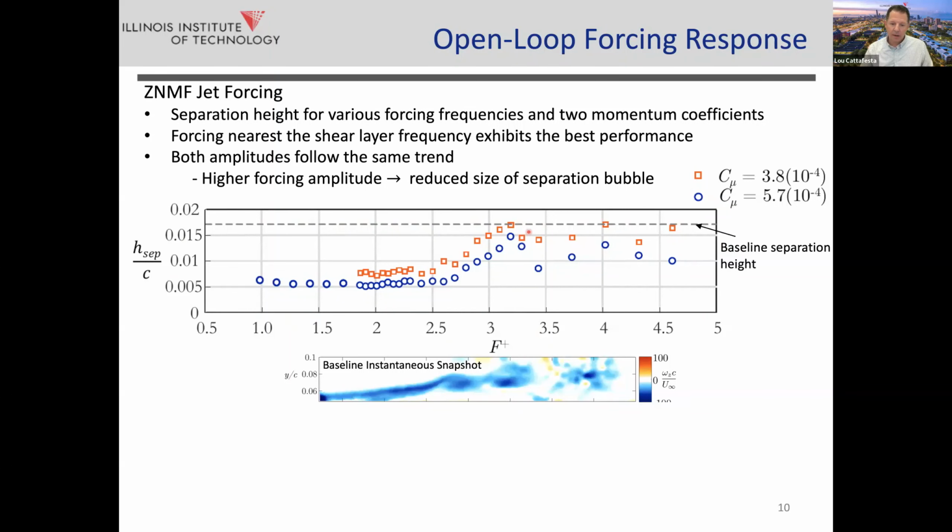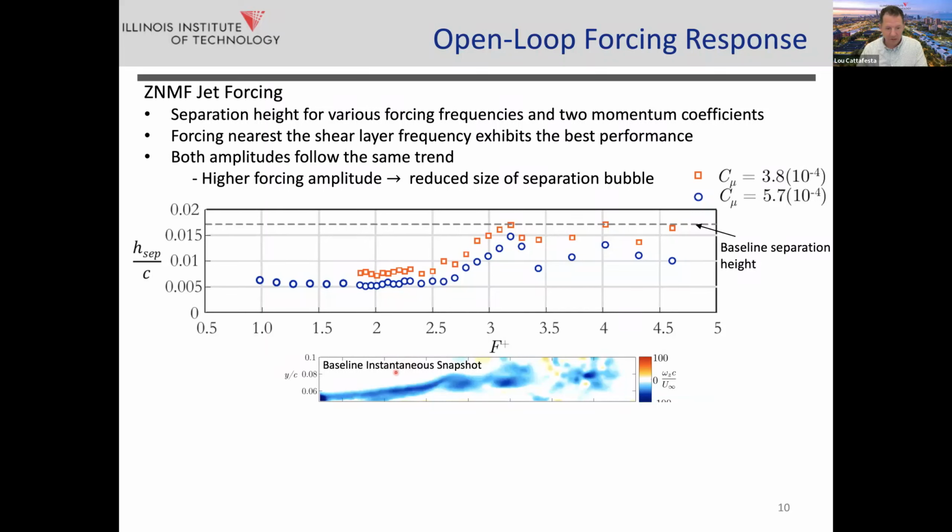You can see that using open loop control, a pretty broad range of forcing frequencies will reduce the height of that separation bubble. So there's no clear one frequency that jumps out at you as the best. You can also notice that if you increase the momentum, as you might expect, you get a further reduction in the separation bubble height.